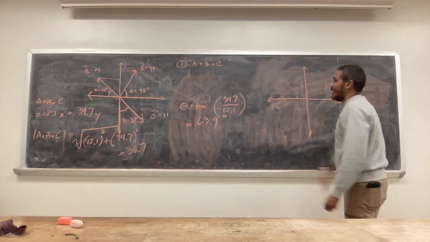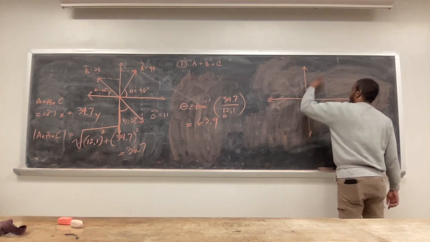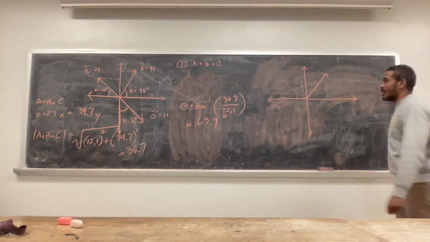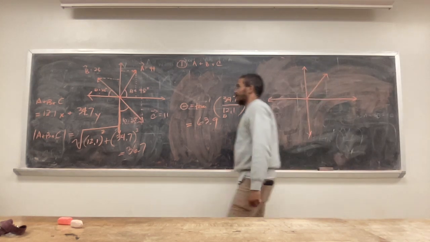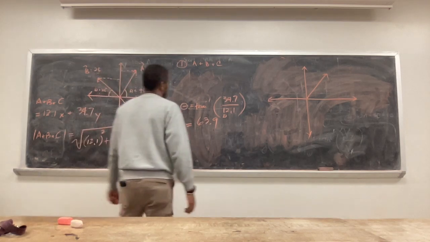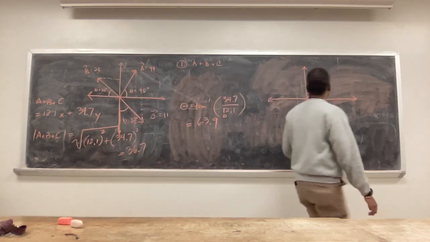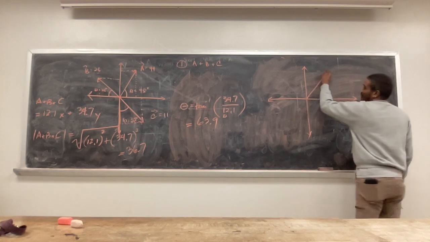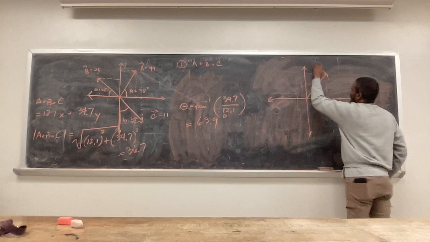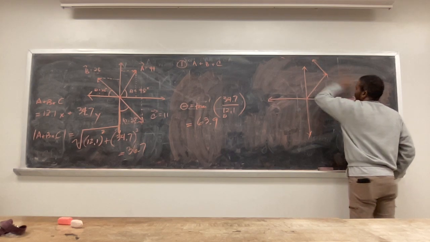Our first vector A is right here. Okay, so we're gonna take our second vector and put it at the tip of our first vector. It's gonna go somewhere like this, and it's kind of short, so I'm gonna do it like that.